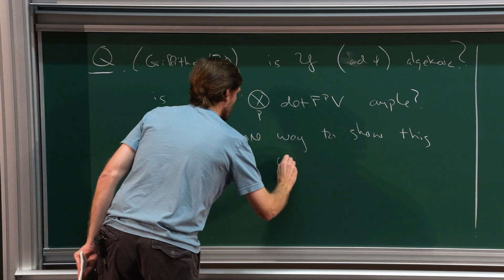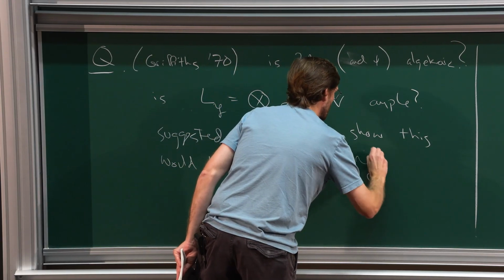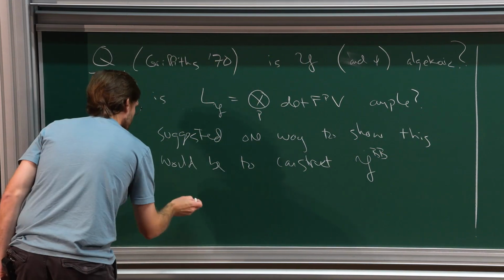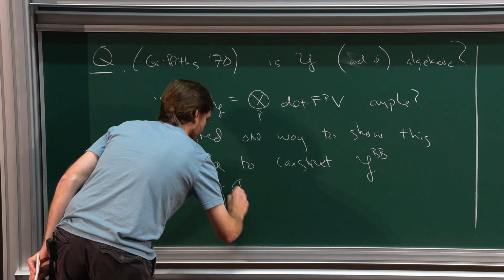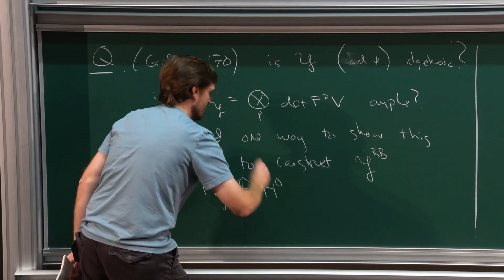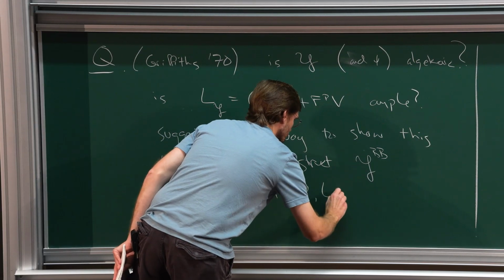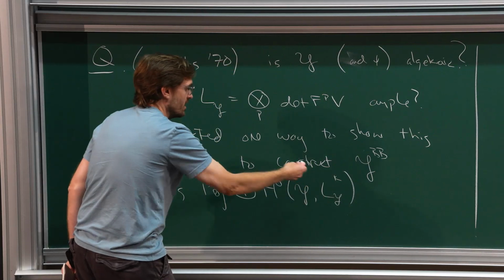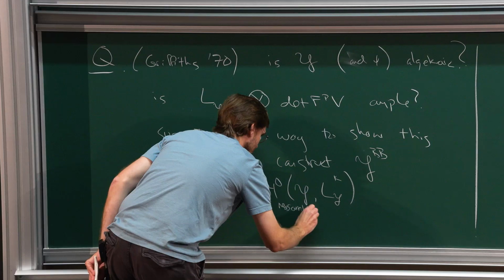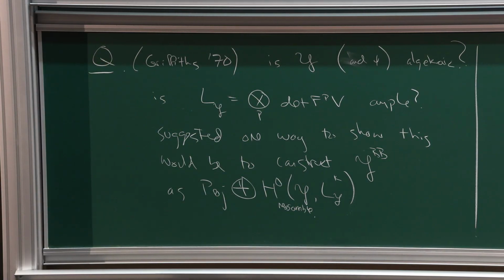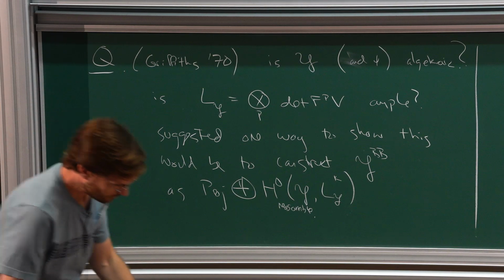This would be to construct a curly Y Baily-Borel, as a Proj of a ring of sections of this line bundle to powers, where we don't want to take all sections because that would be a mess, just reasonable ones, whatever that means. So there's a natural Hodge metric lying around. You could look at ones that have reasonable growth with respect to that metric.